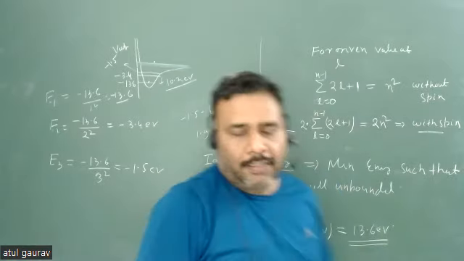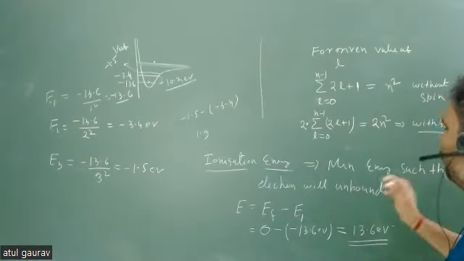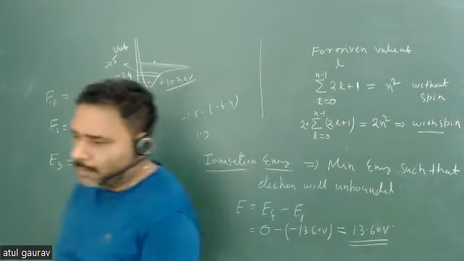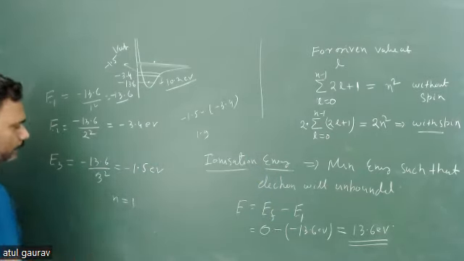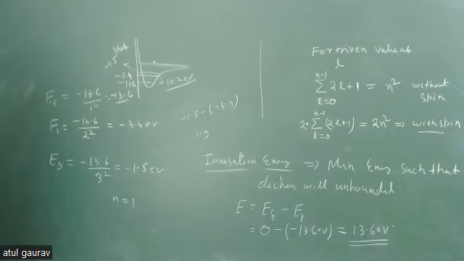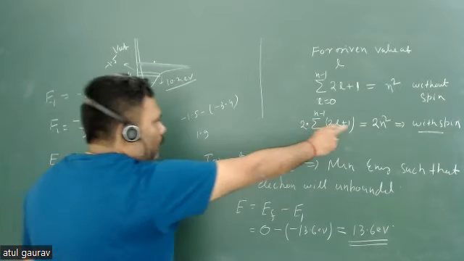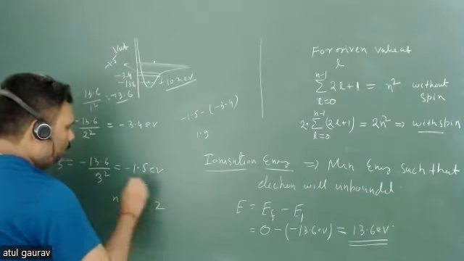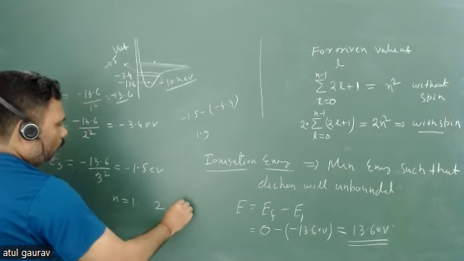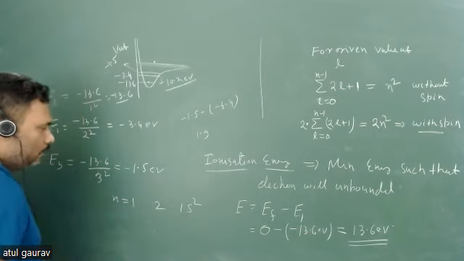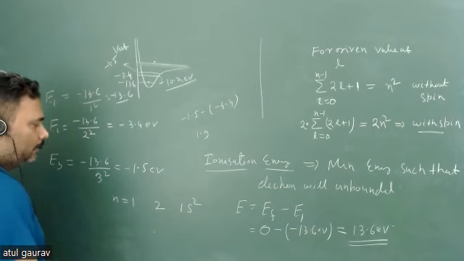Now you can see, if you have n is equal to 1, how many electrons can be accommodated there? Two electrons. Okay. So now you can put n is equal to 1, you have 2 electrons. And this is nothing but 1s2. है ना? ऐसा ही तो होता है.